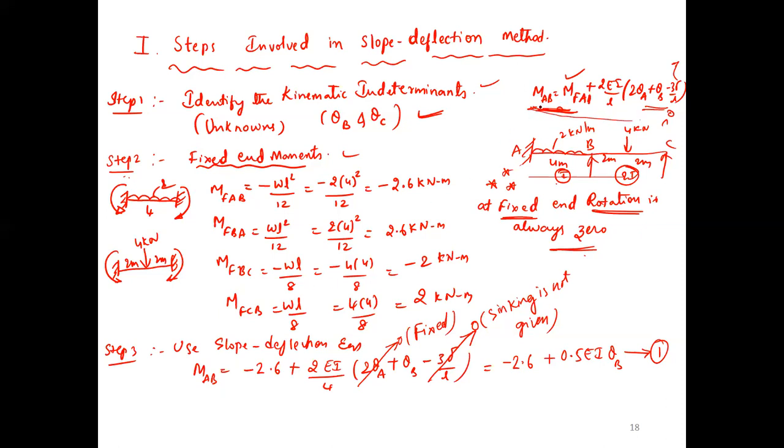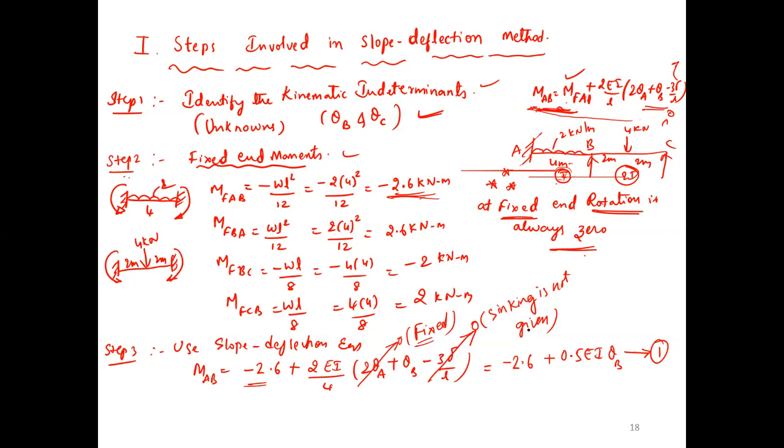What is MAB? MAB equals MFAB, and the MFAB value is 2.6, minus 2.6 plus 2EI by L. Here 2EI by L is 4, so I have taken 2EI by 4 into 2 theta A plus theta B minus 3 delta by L. But theta A is 0 because the support is fixed.